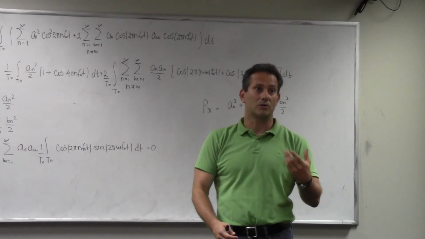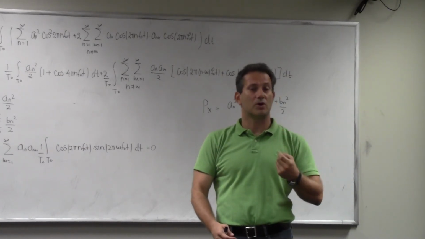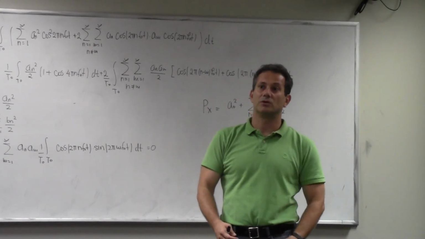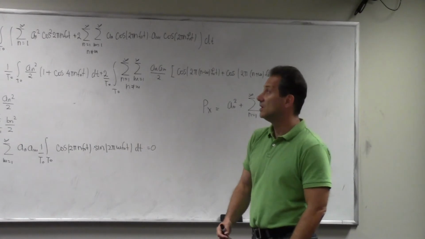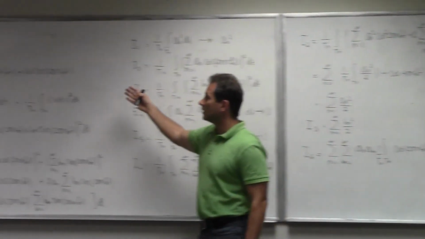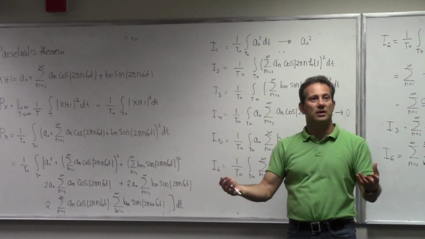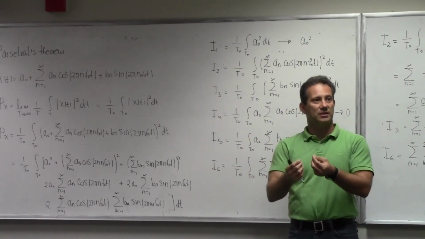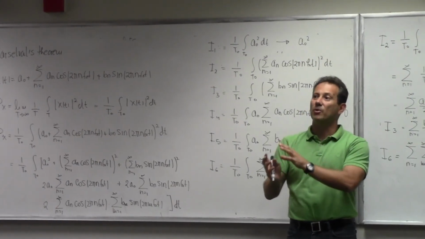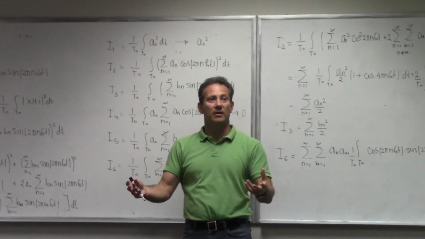Cosines are orthogonal to sines, and cosines are mutually orthogonal if they're of different frequencies, and the sines are mutually orthogonal if they're of different frequencies. So we have this beautiful result where the total power is decomposed into individual powers. Each of the cosines or sines in the Fourier series carries its own portion of the power. The total power is the sum of all individual powers.